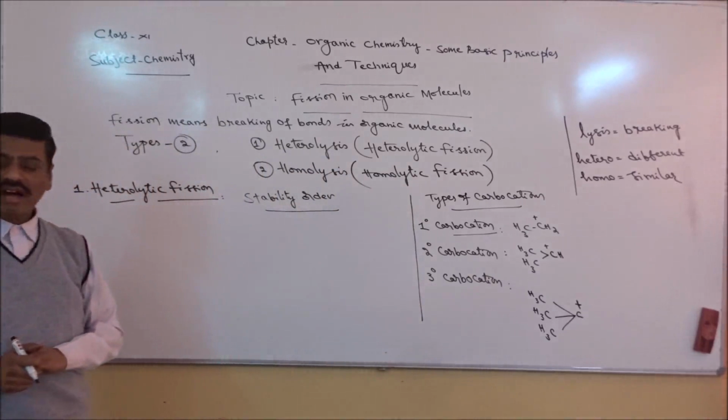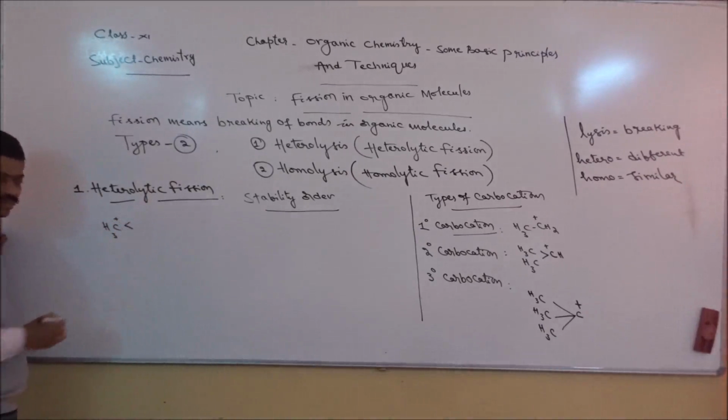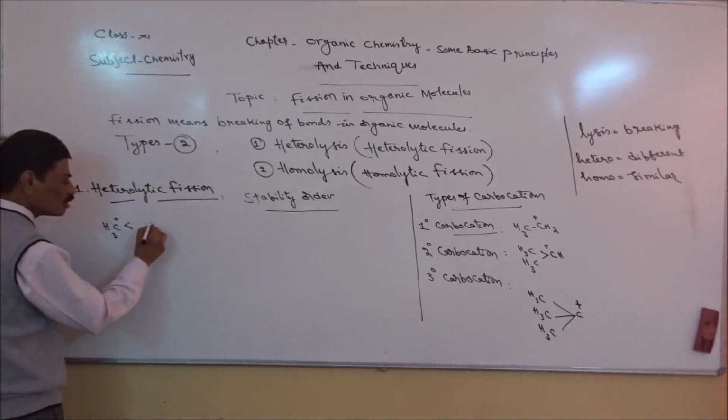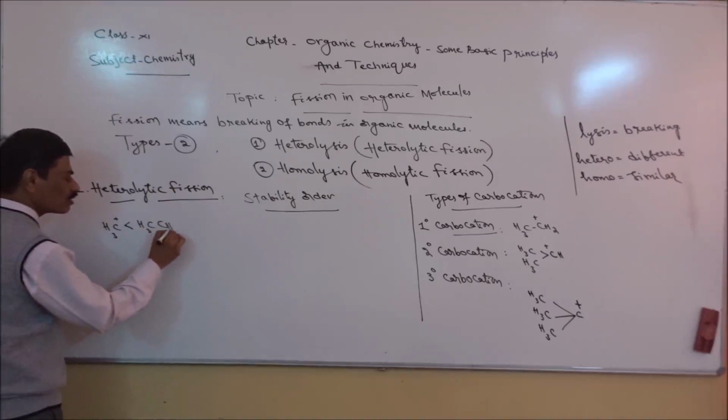Now come to the stability of these carbocations. If you take CH3 wherein carbon has positive charge, it is less stable than the other group which has 2 carbon atoms in it, that is ethyl cation.